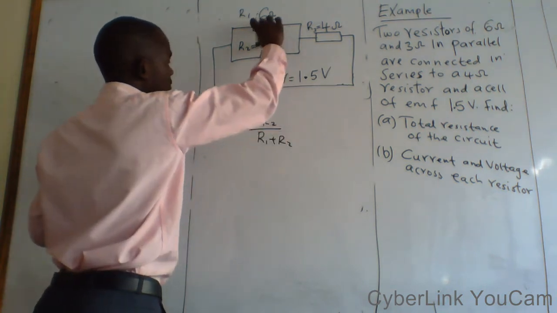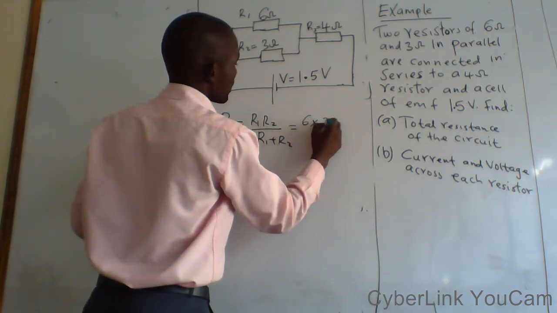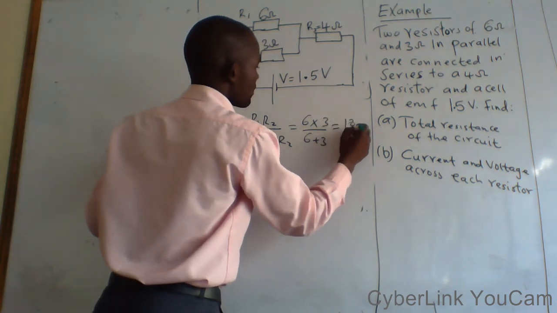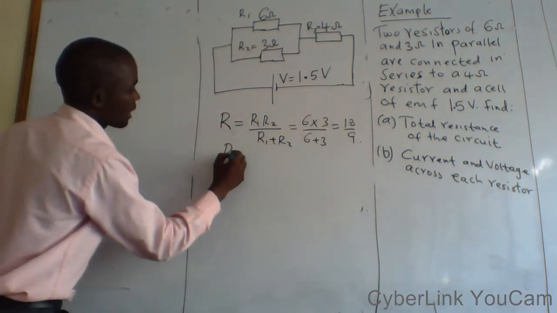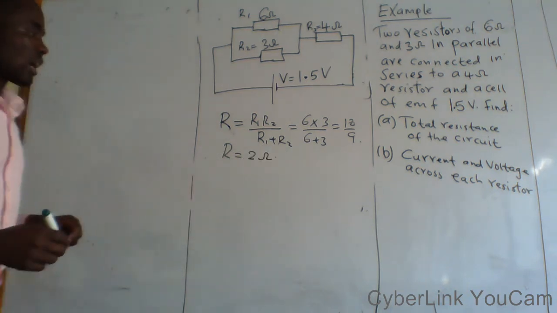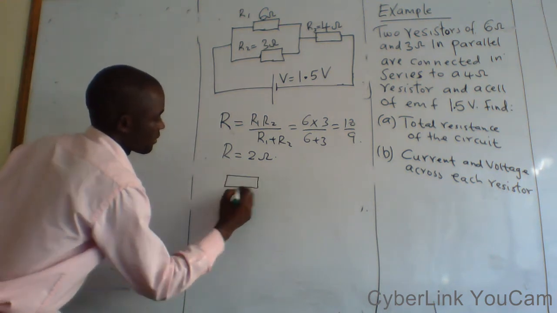We want to simplify that part, which will be equal to 6 times 3 all over 6 plus 3. This is 18 divided by 9. So our R will be equal to 2 ohms. After you simplify that, our circuit reduces to this point.